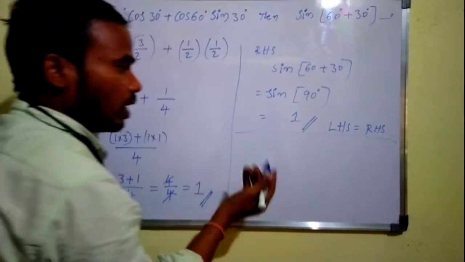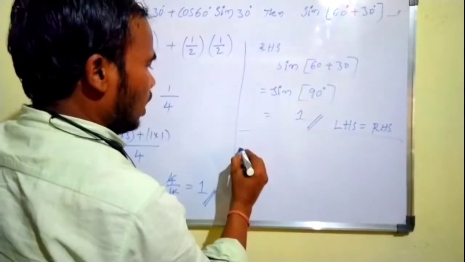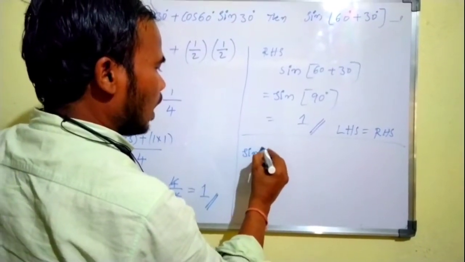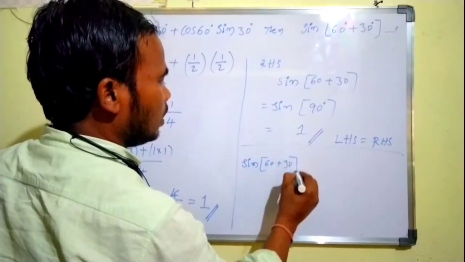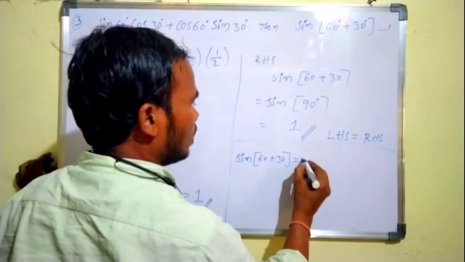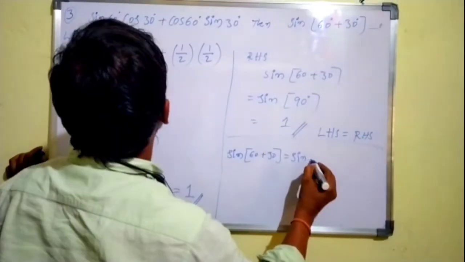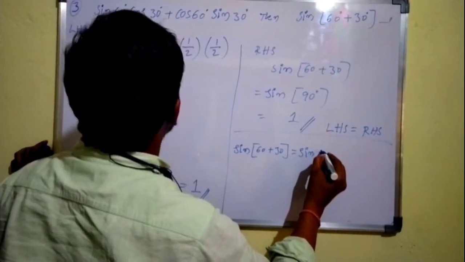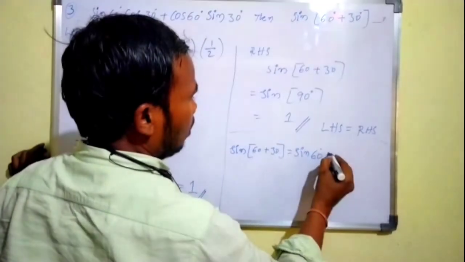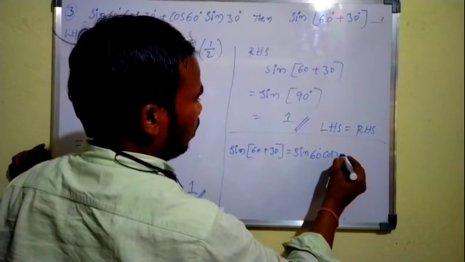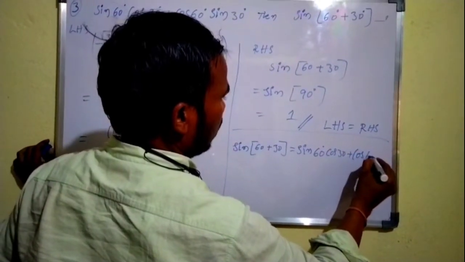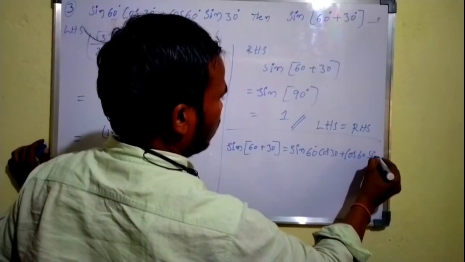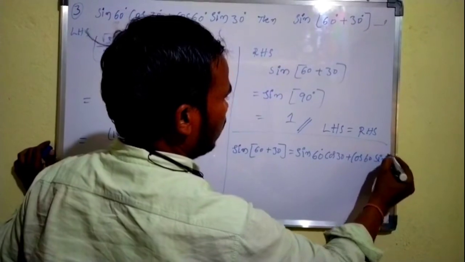So we can write sin 60 plus 30 is equal to sin 60 cos 30 plus cos 60 sin 30 degrees.